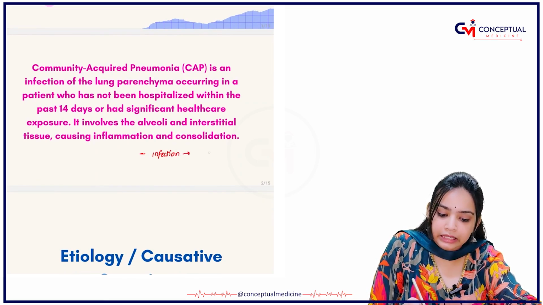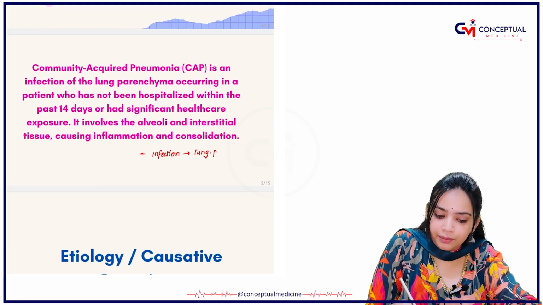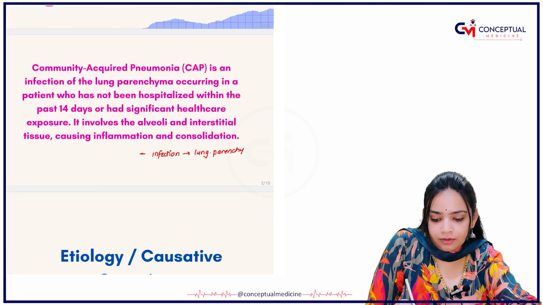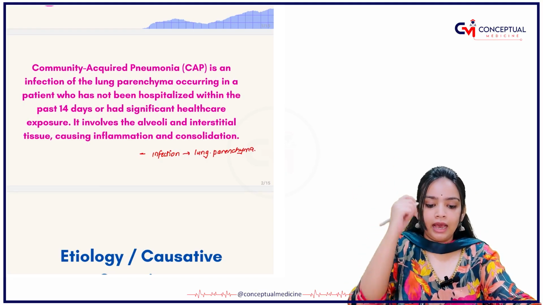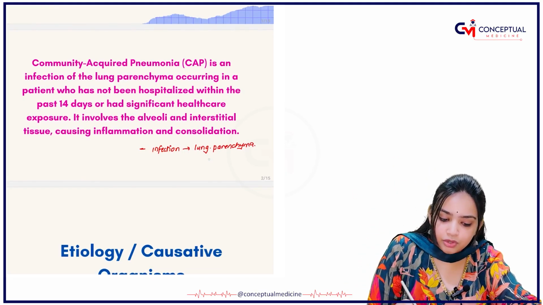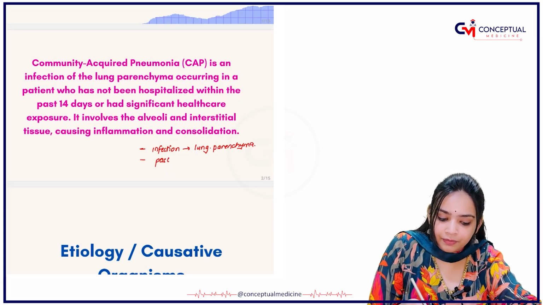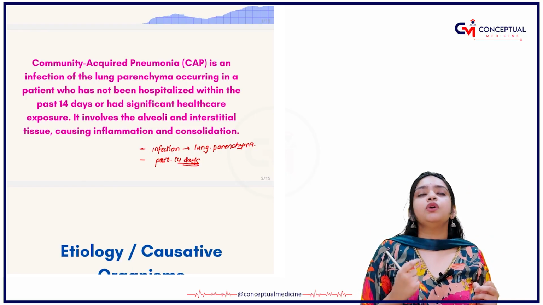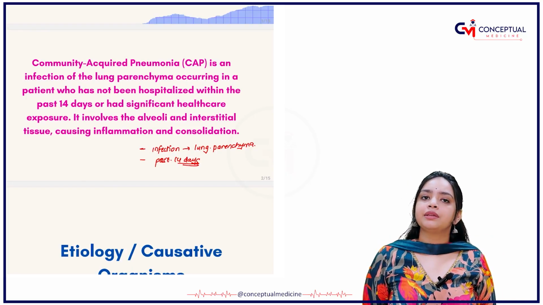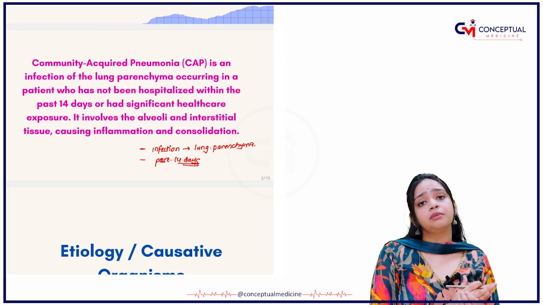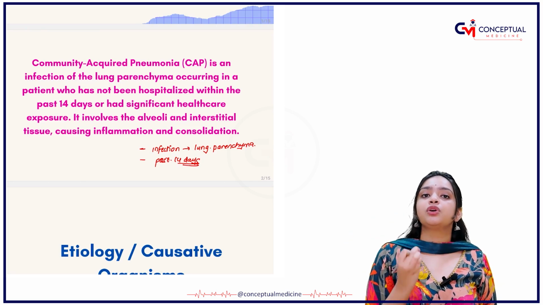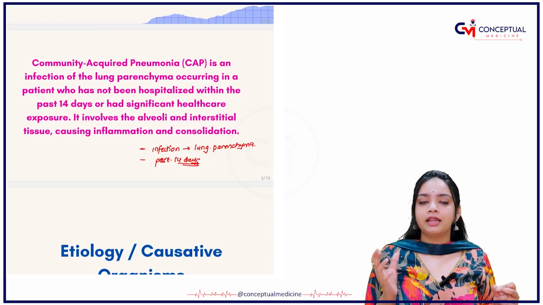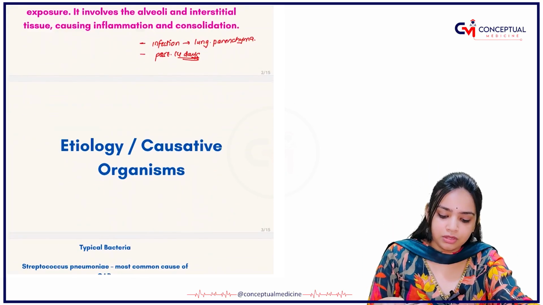Infection of your lung parenchyma, occurring in individuals who have not been hospitalized within the 14 days, because we also have something called hospital acquired pneumonia, and that mainly occurs in people who have a history of hospitalization.